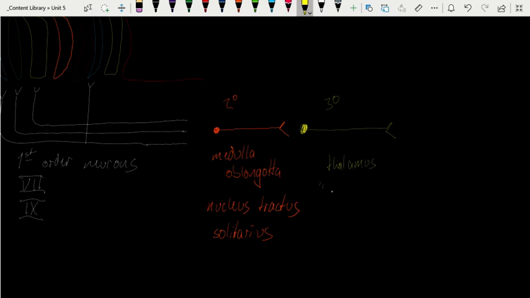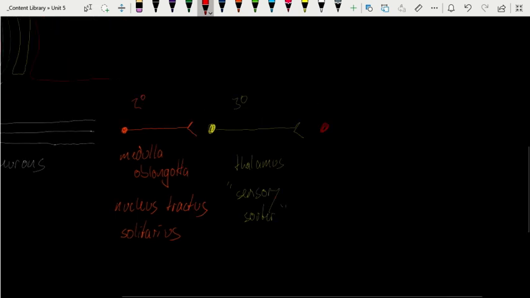We call that the sensory sorter. And where do you think it's going to be sorted to? It's going to go to lots of different places, but one of the primary targets is going to be the gustatory cortex.